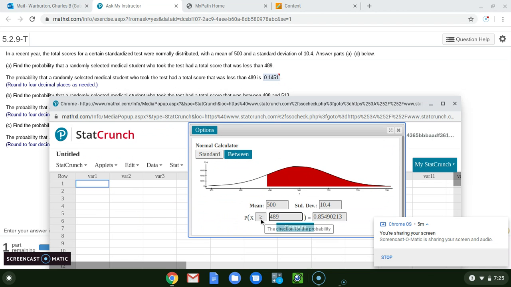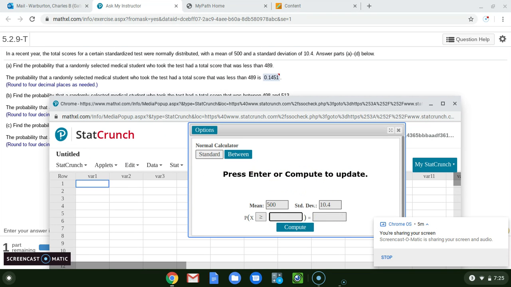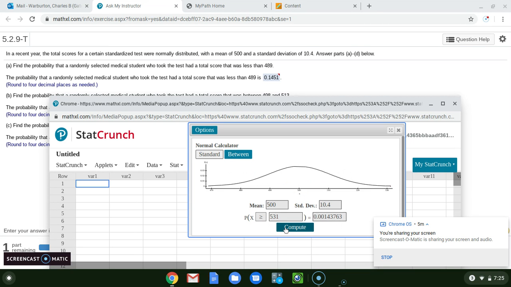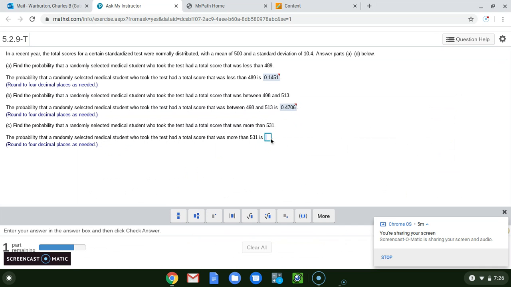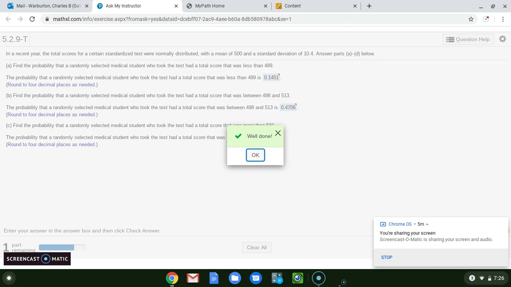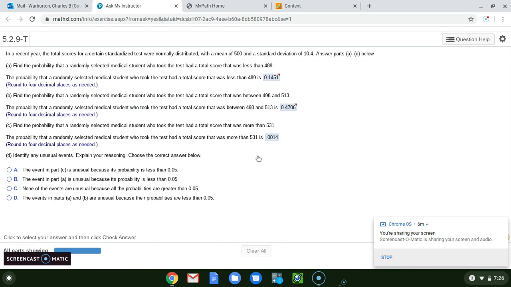So more than, that's greater than 531. And then hit compute on that. It's going to be 0.0014. All right, so that's how we find probabilities under a normal curve using Statcrunch.